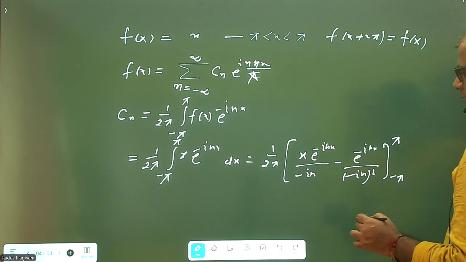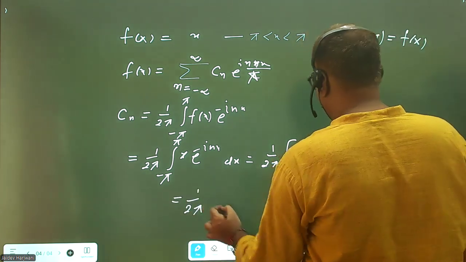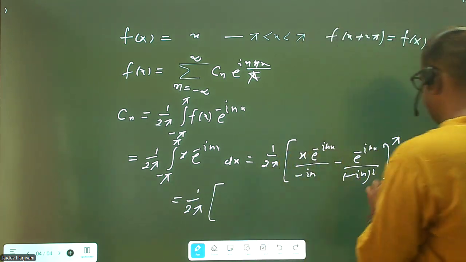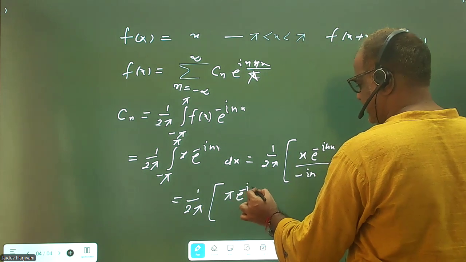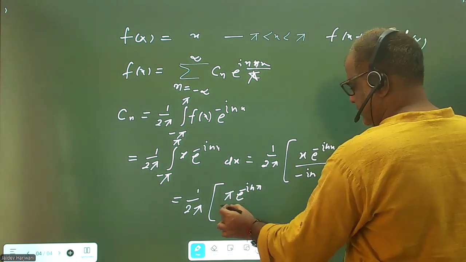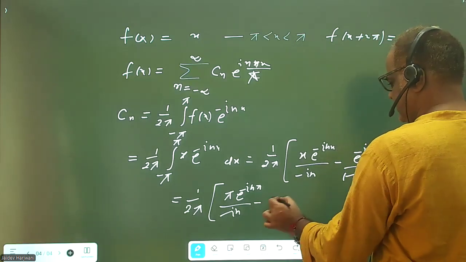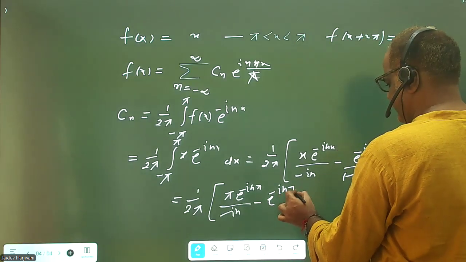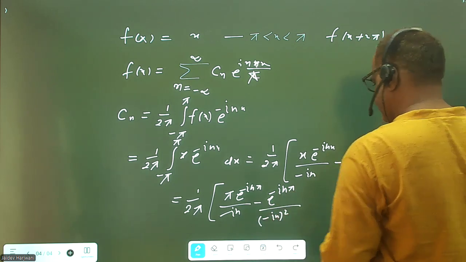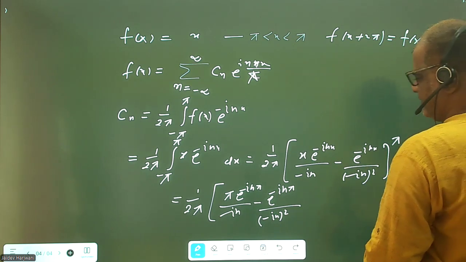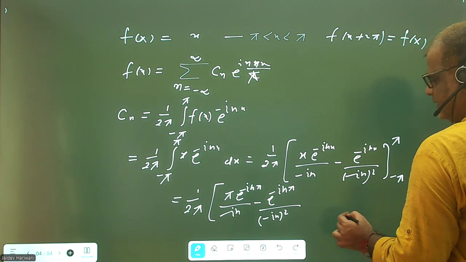Okay, and now this becomes 1 upon 2 pi. If you put x equal to pi here, that will be pi e to the power minus iota n pi upon minus iota n, minus e to the power minus iota n pi upon minus iota n square. And then you have minus pi.